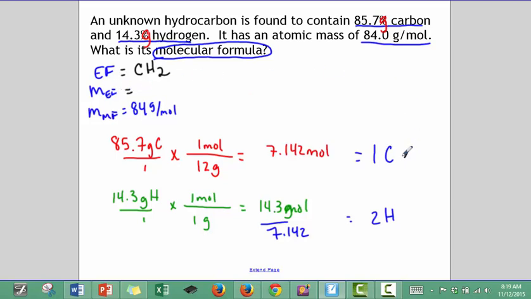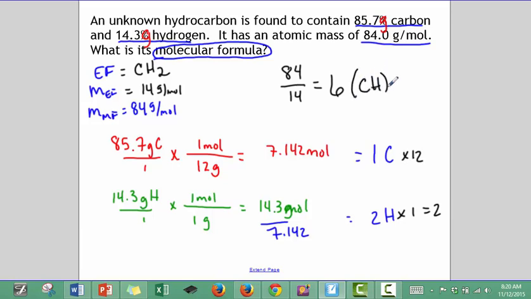One carbon is 12, hydrogen is 1, so 12 plus 2 gives me a molar mass of 14 grams per mole. 84 divided by 14 gives me 6. So I multiply 6 by my empirical formula of CH2, and my molecular formula is C6H12.